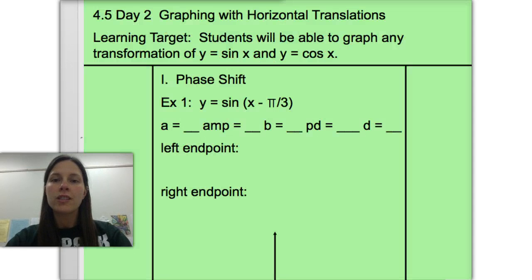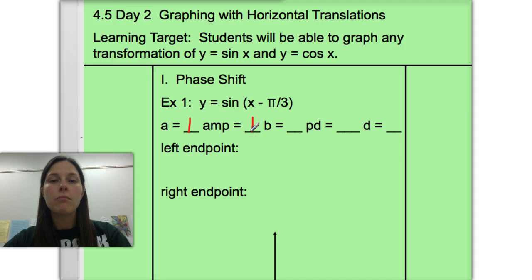We're going to start out with just the basic phase shift. We're not going to mess with anything else in the graph, and then we'll put it all together. Starting with our sine, I'm still going to be identifying all of those pieces so that you get used to that once we see a complete graph with a bunch of different types of transformations. So our a value is 1, because we are multiplying our sine value by 1, which means our amplitude will be 1 as well.